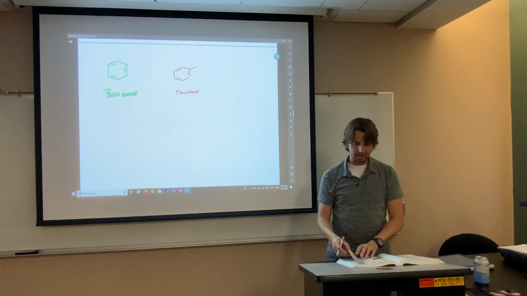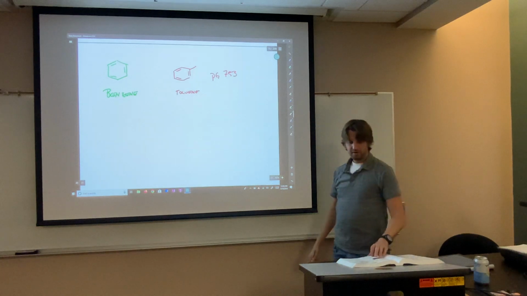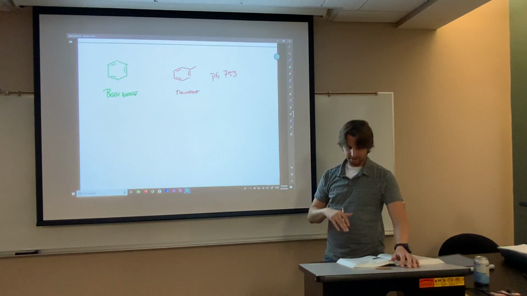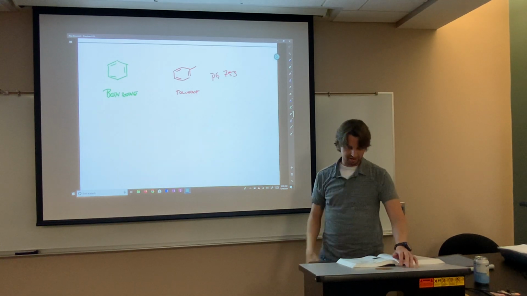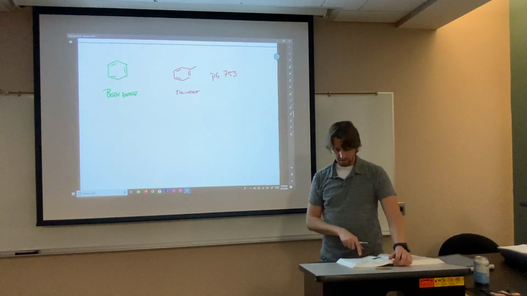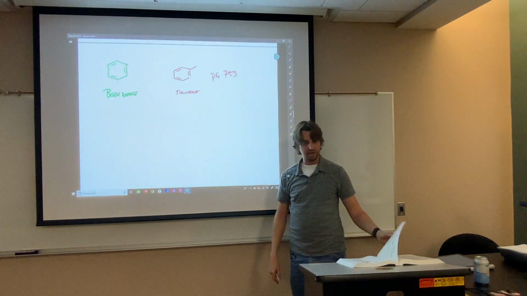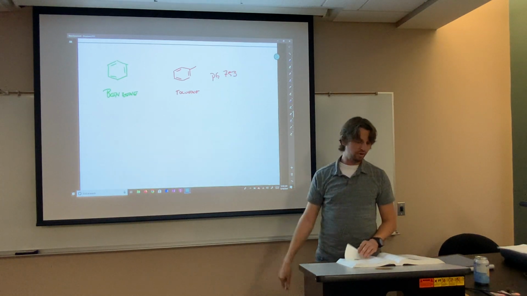Okay, so if you're looking on page 753, on page 753, at the bottom, right at the bottom, there's a list, a set of structures that have all these common names with it. So toluene and phenol and anisole and aniline, benzoic acid, benzaldehyde, acetophenone, styrene. All those are common names that we see over and over again.